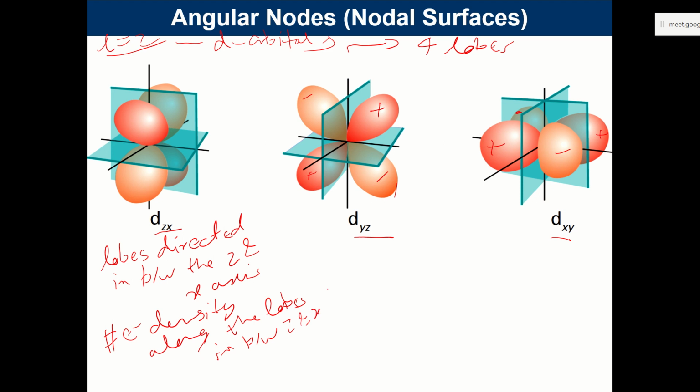Sign of the wave function is important. So along this plus plus, along this minus minus, so g rate and g rate.